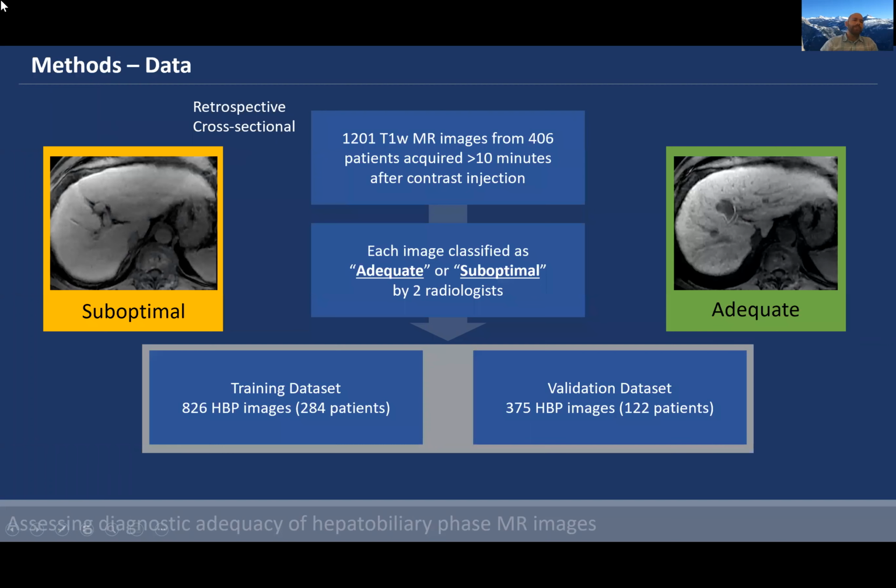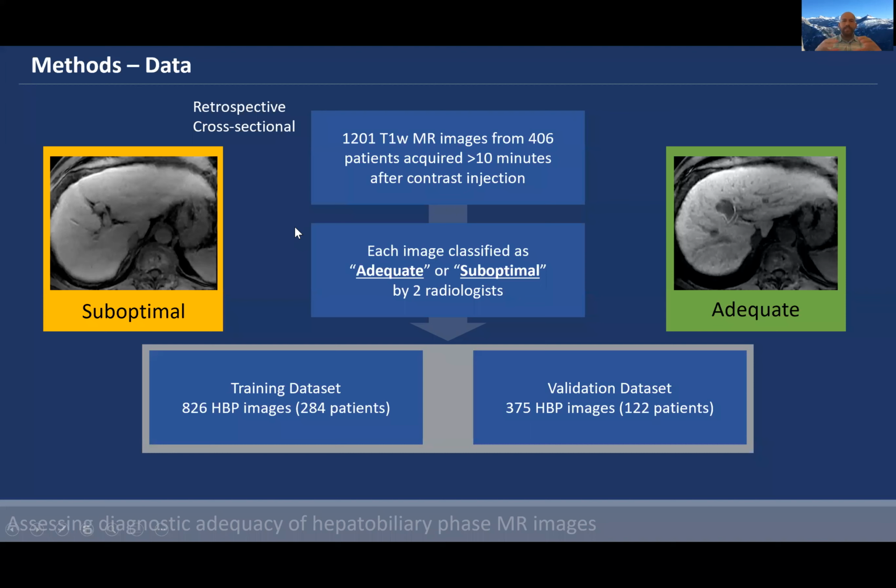So the study was retrospective and cross-sectional, and we had retrospectively collected about 1,201 T1-weighted MR images from 406 patients. Now, as an inclusion criterion, all the images were acquired more than 10 minutes after the injection of contrast.